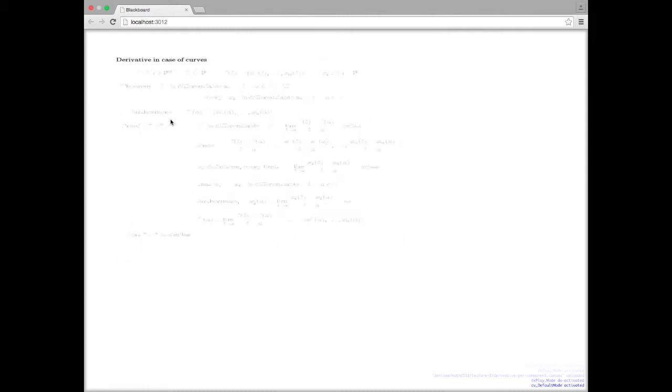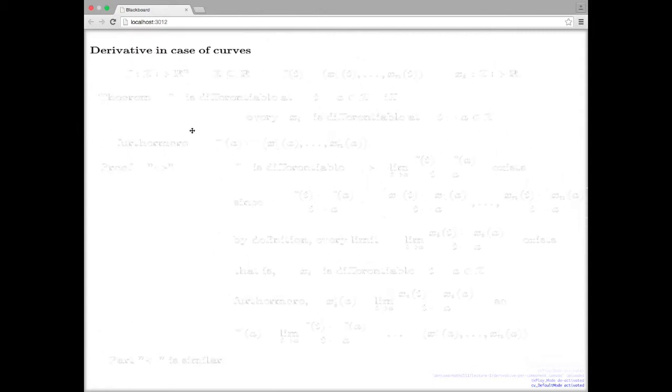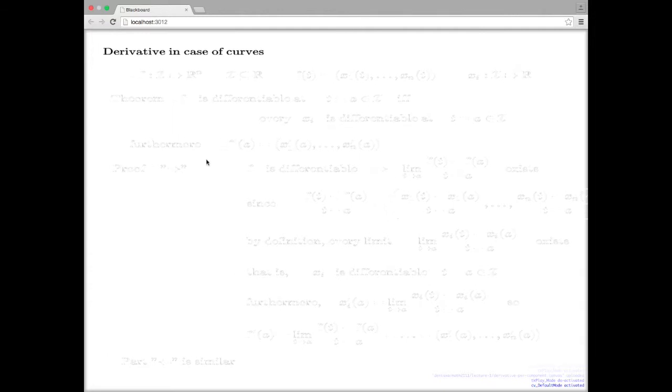I will open this, my slide. I'll zoom it in a little bit. Just wait a sec. The other way. Yeah, that's better. Derivative in case of components.